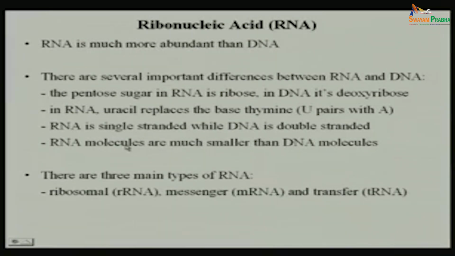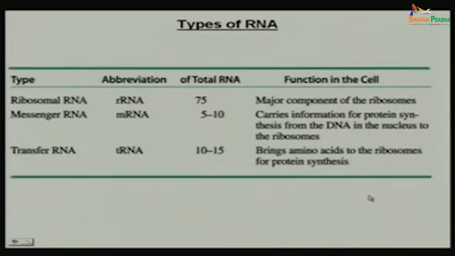If we categorize RNA, then we can differentiate it as ribosomal RNA or rRNA, messenger RNA or mRNA, and transfer RNA or tRNA.